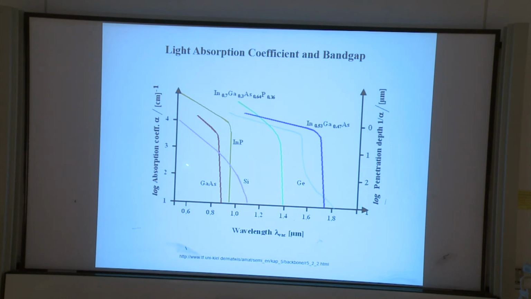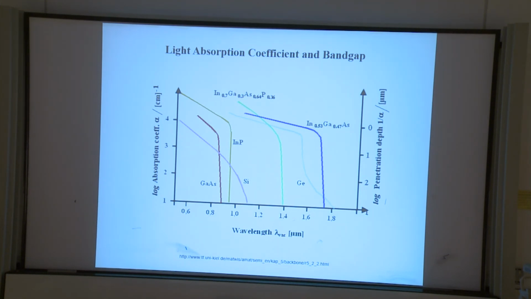Okay, so different materials have different band gaps. So what is that y-axis? The y-axis is the absorption coefficient, a parameter that tells us how efficiently this material can absorb light.